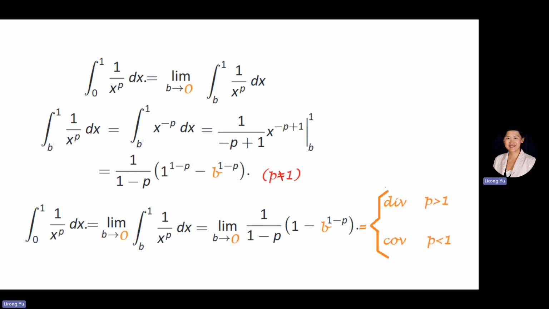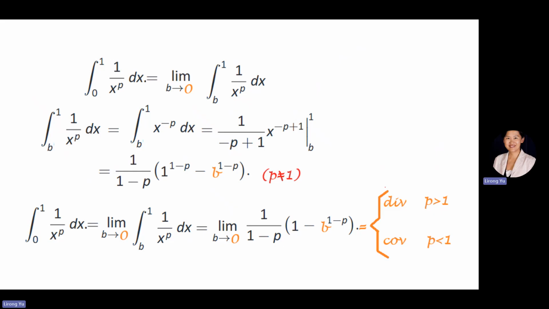If p is less than 1, then 1 minus a number smaller than 1 means 1 minus p is positive, then b has a positive power. When b approaches 0, it's just 0 to a positive power, which equals 0. That means it's finite, that means it converges. I hope I made it clear.